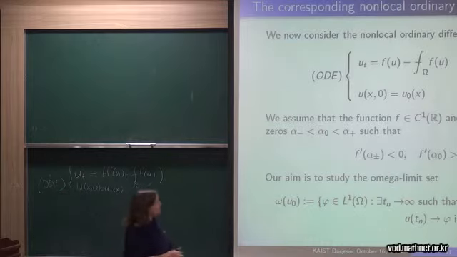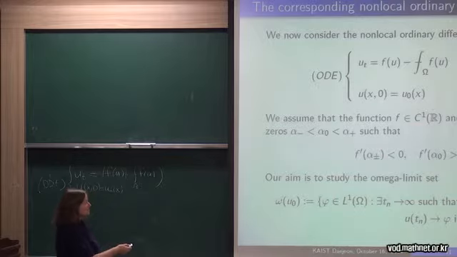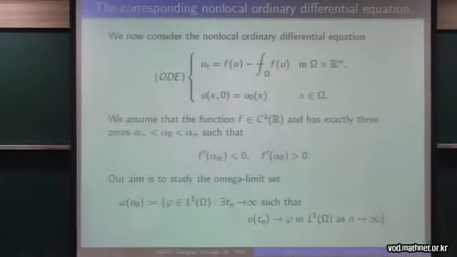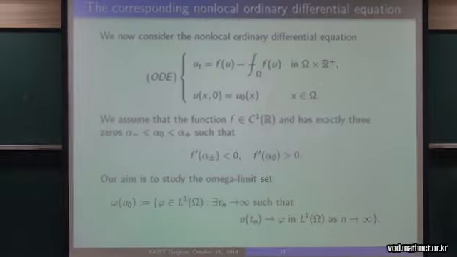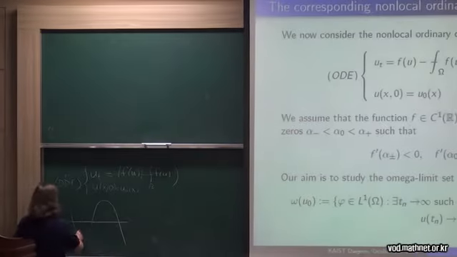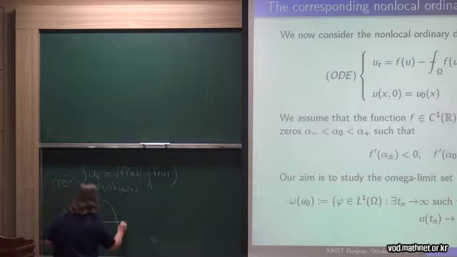Now our assumptions for the function f are rather similar to what we made at the beginning. That is, f is smooth enough, say C1, and it has exactly 3 zeros. So f will be of such a form, and it has 3 zeros, A naught, A minus, and A plus.